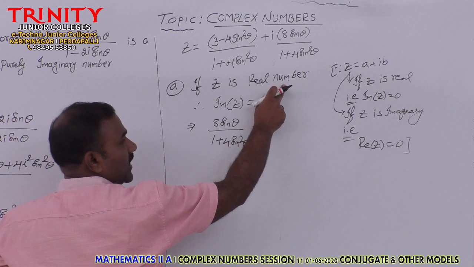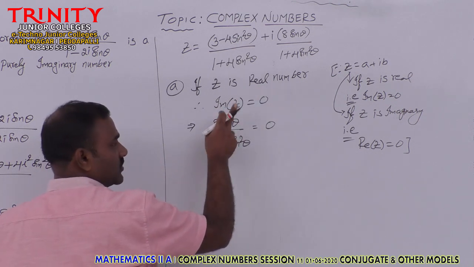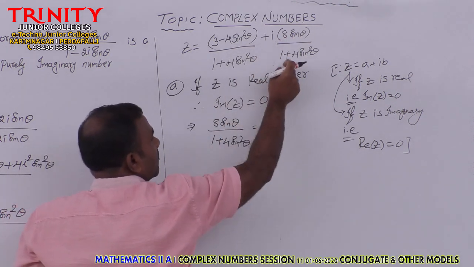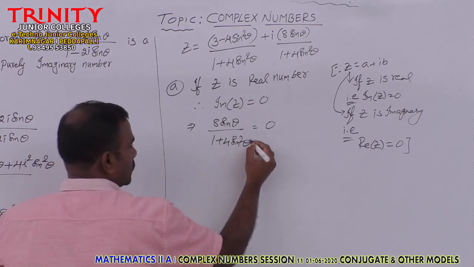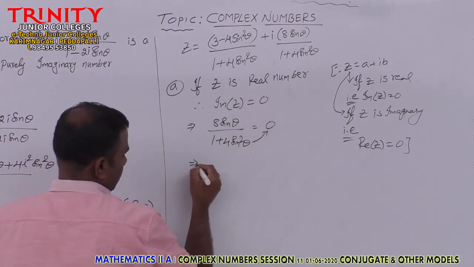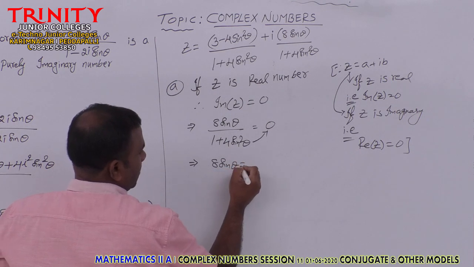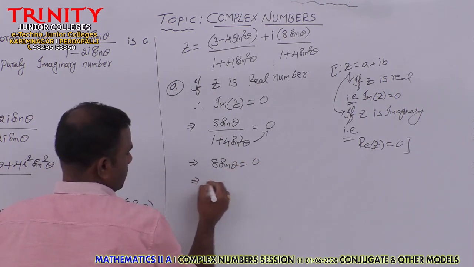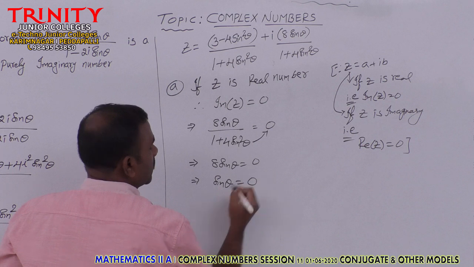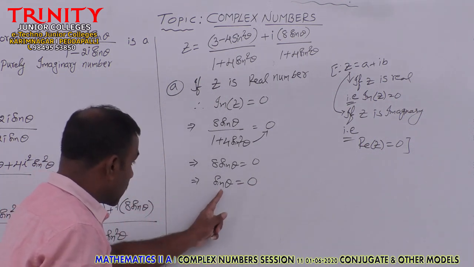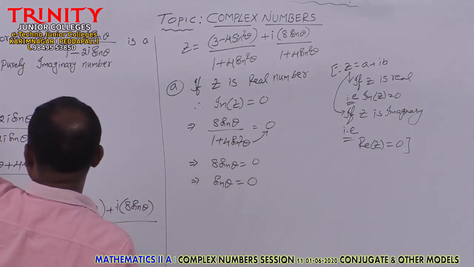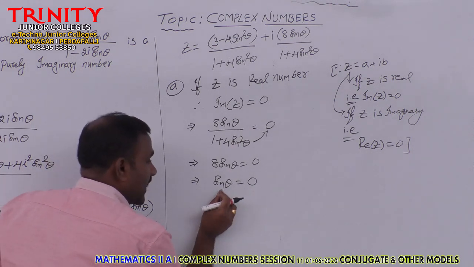If z is a real number, the imaginary part equals 0. That's why 8 sine theta by 1 plus 4 sine square theta equal to 0. Cross multiplication, 8 sine theta equal to 0, which implies sine theta equal to 0. He was asking the real values of theta. Therefore, sine theta equal to 0.